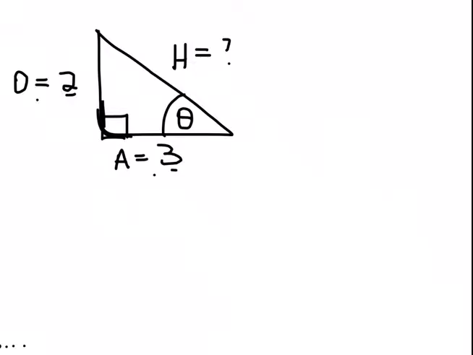And this is how it works. Let me start the same way as with SOHCAHTOA. Sine of an angle is equal to, what did we say sine is? Opposite side over hypotenuse side.